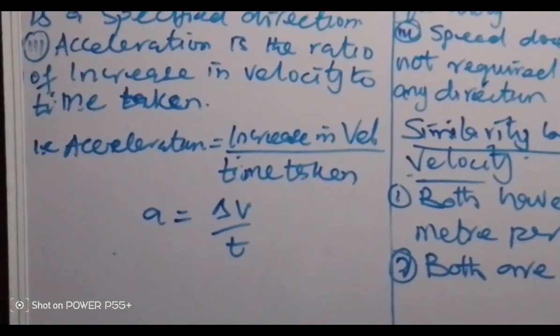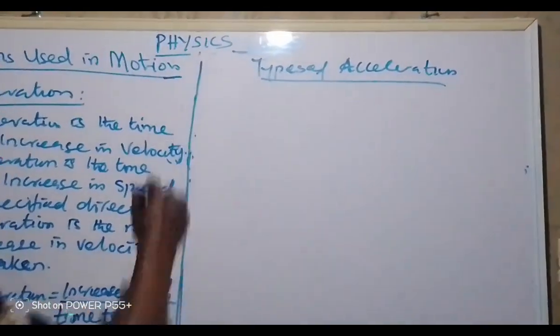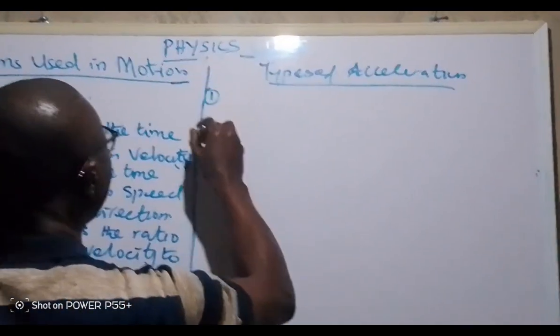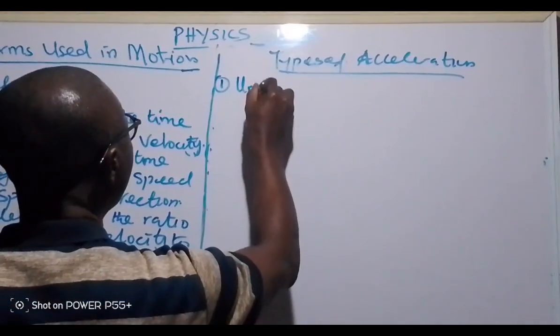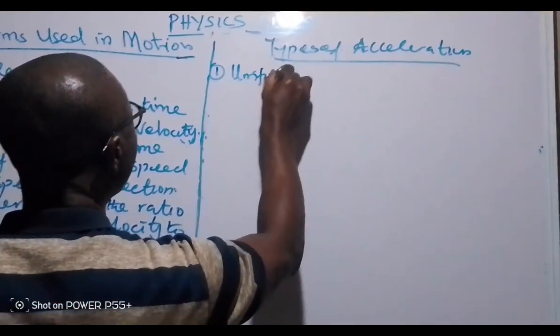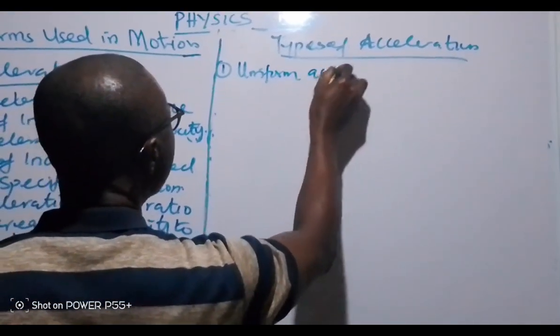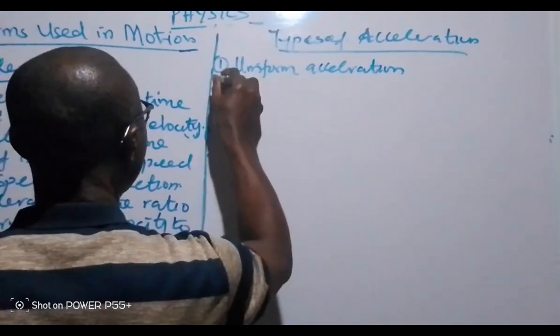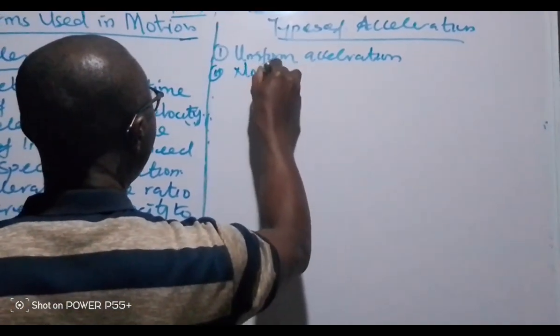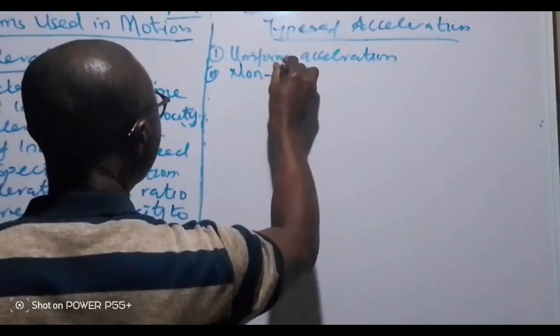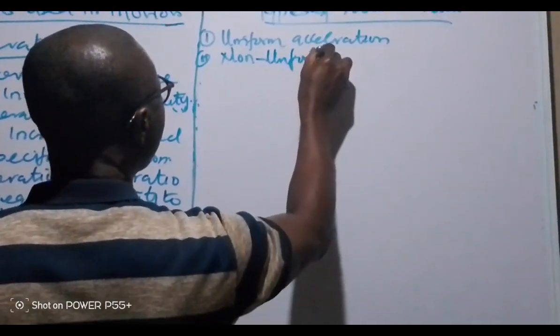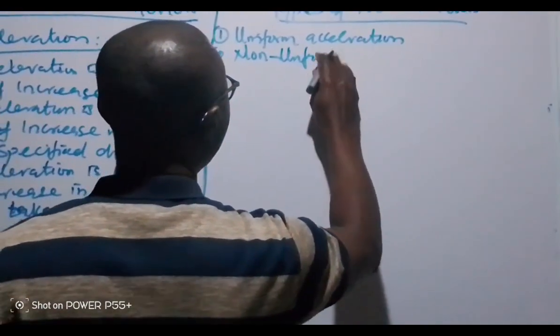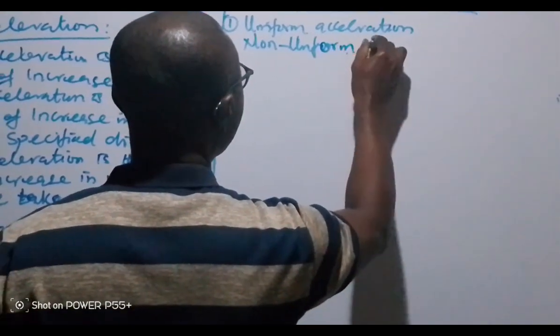The next thing is types of acceleration. One, we have uniform acceleration. Two, non-uniform acceleration.